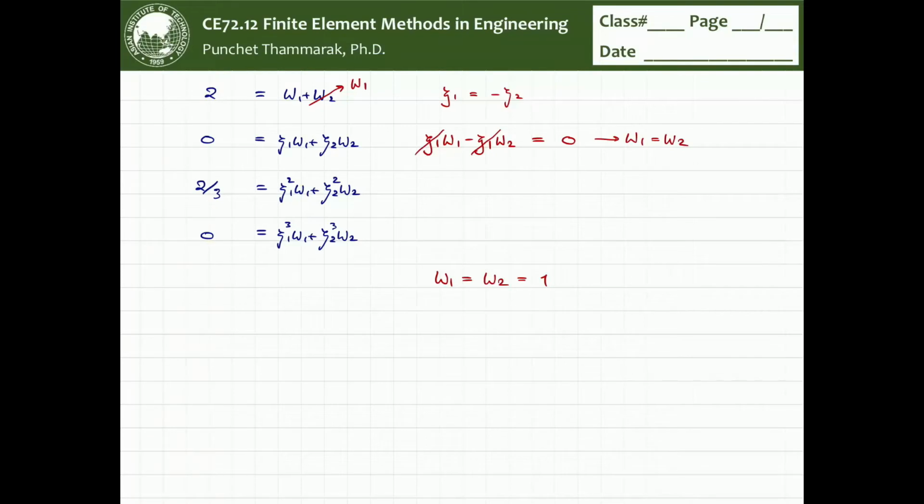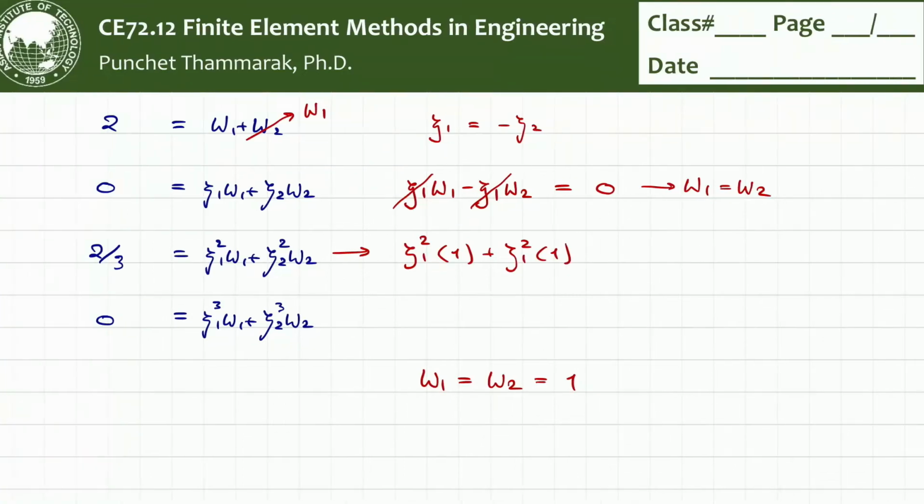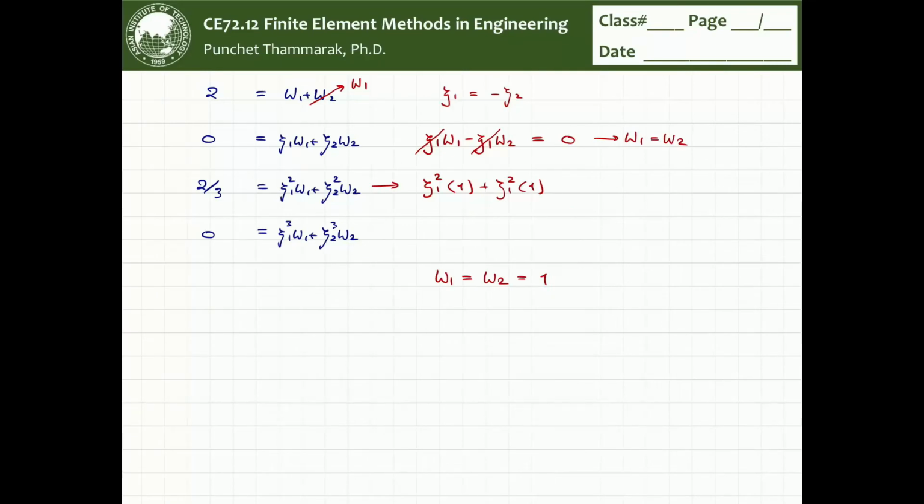Over here, C1 squared times 1 plus C2 squared times 1, which is equal to 2/3.